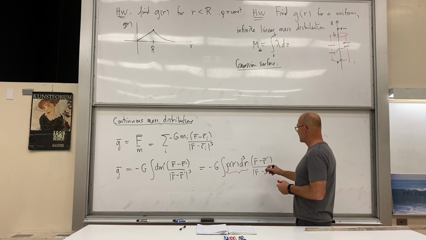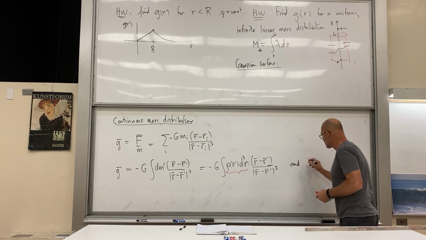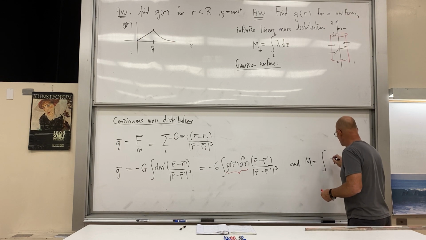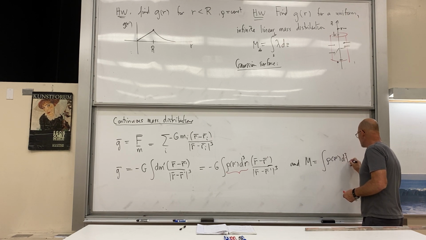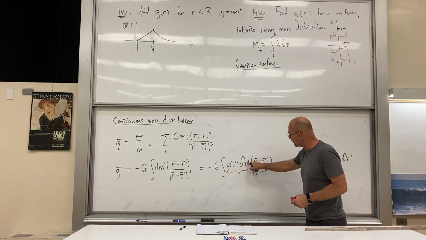We had G there, and I'll include the fact that the total mass is equal to the integral of rho of R prime d3R prime. Yeah, this gets a prime, d3R prime, because we're integrating over the R prime.